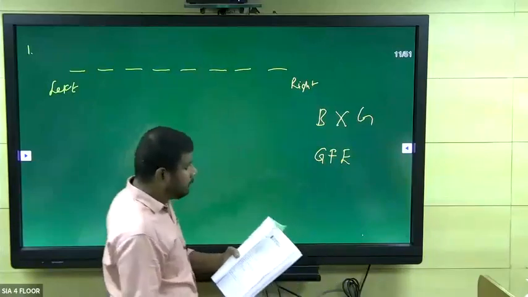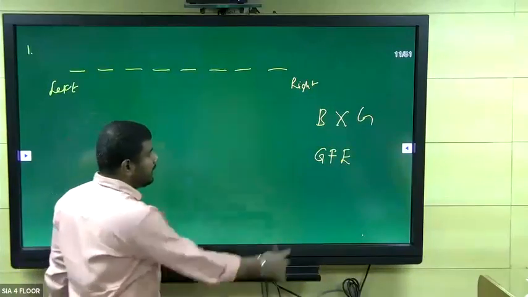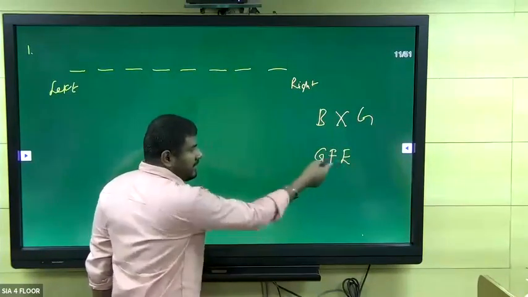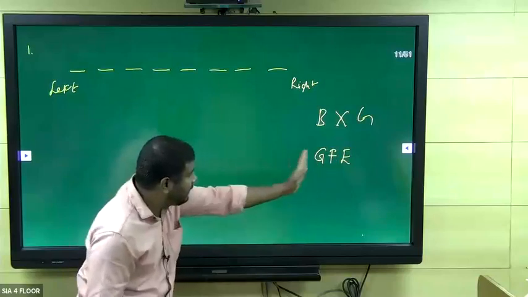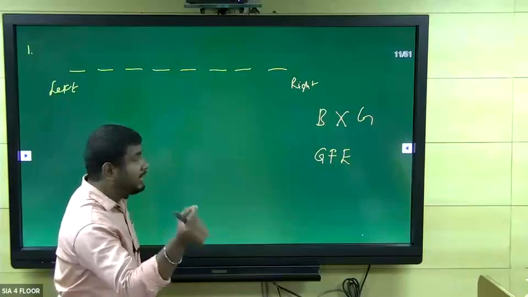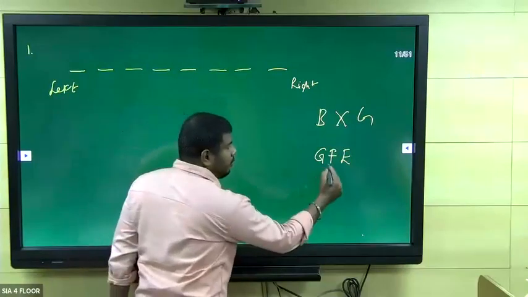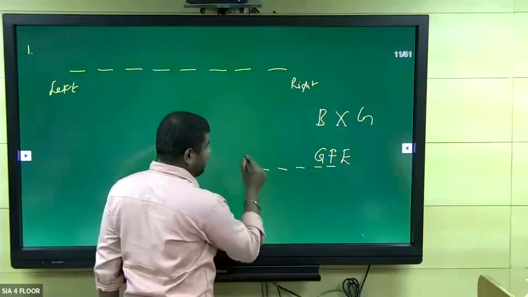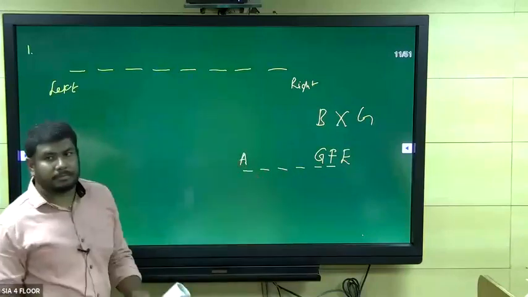A is sixth to the left of E. Listen here, E is here. A is sixth to the left. So left is in this direction. So A should come sixth to the left of E. So 1, 2, 3, 4, 5, 6. Clear?